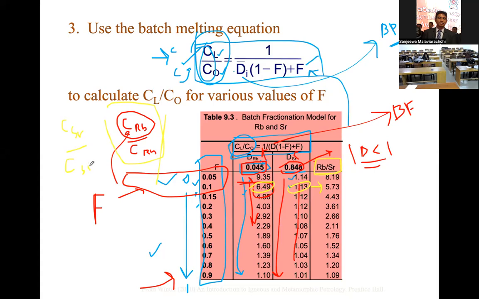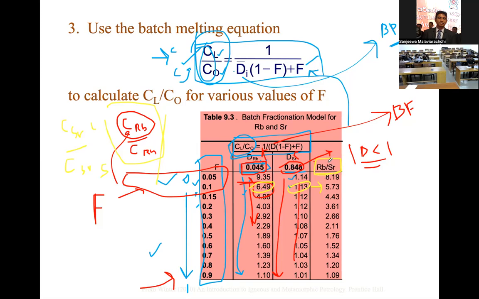So you are dividing the liquid composition by the source composition. It's not exactly the rubidium strontium ratio in that source, but in the system, an approximate value. There's no harm in taking it as an approximate value.